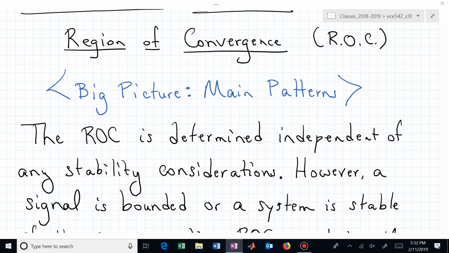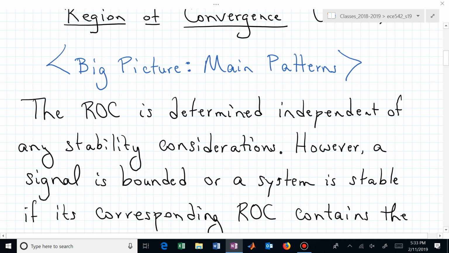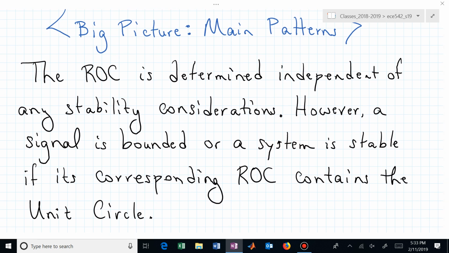Here's something that I think people get tripped up on, so let me try to give you the big picture or the main patterns, but this statement about the region of convergence, and I'll just abbreviate that ROC. The region of convergence is determined independent of any stability considerations.